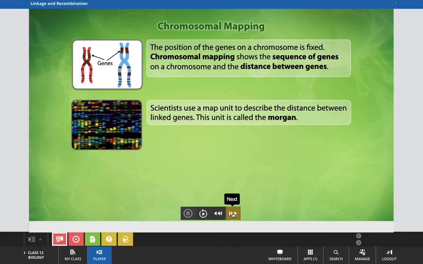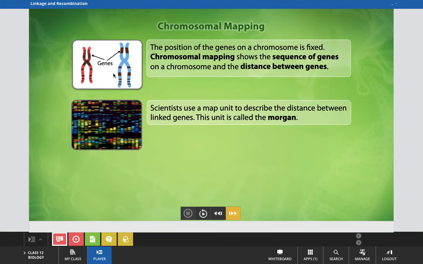Now, one more concept related to the study of linkage and recombination by Morgan and his co-workers is known as chromosomal mapping. The position of genes on a chromosome is always fixed, and chromosomal mapping is a technique by which we can show the sequence of genes on a chromosome.